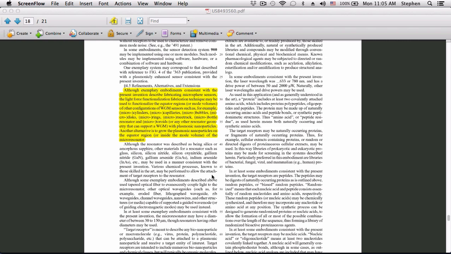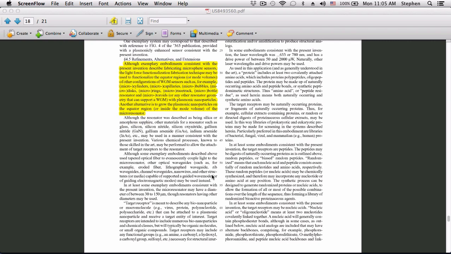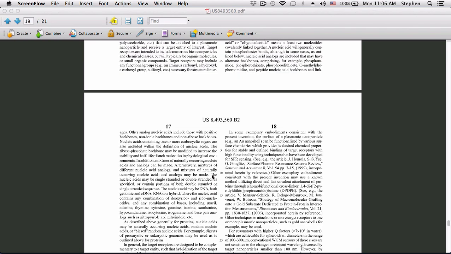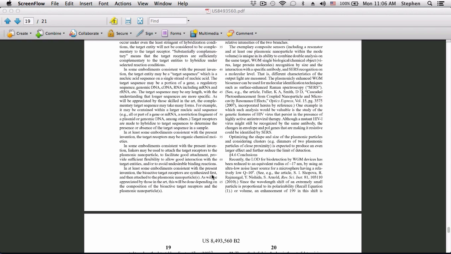Also it says that it's simply a particle within the modal volume of the microresonator. It is to Sika Shapova's credit that she managed to get all of these things in here and imagined all of them.